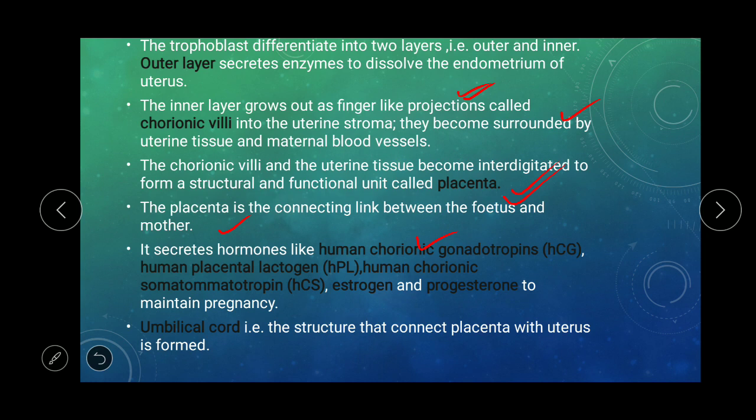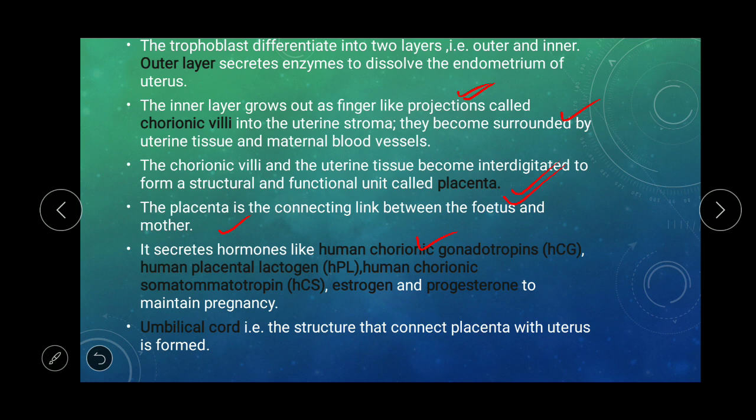And what is this role? Why is this necessary? This is necessary because it will prepare itself to secrete more milk for the child that is undergoing development to take birth.